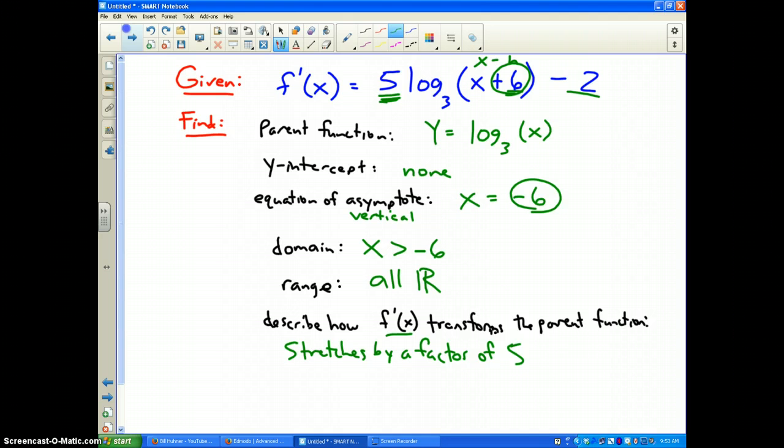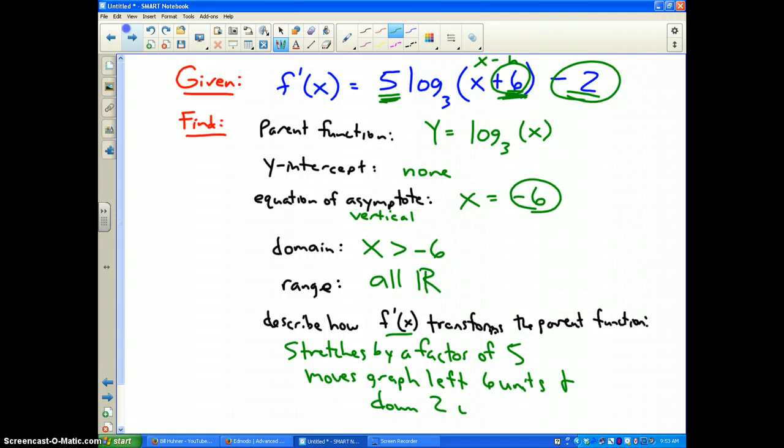Secondly, that 6 moves the graph left 6 units, and the negative 2 will move it down 2 units. There you go. That's how you deal with transformations. Now, let's do some graphing.